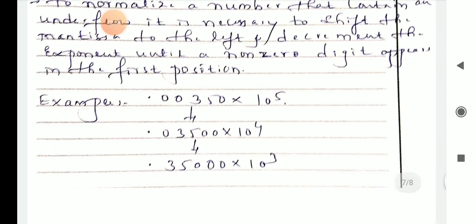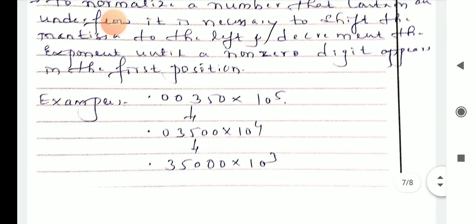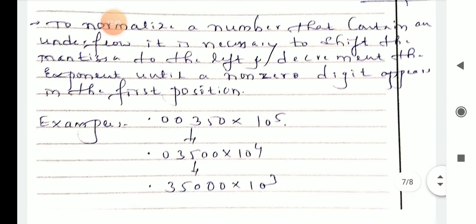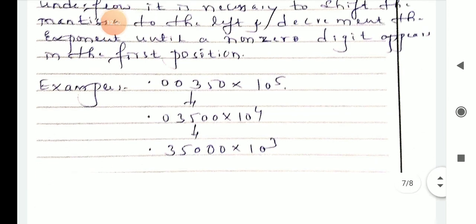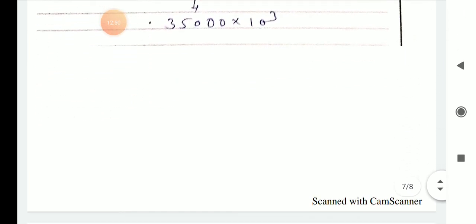Whatever zero comes at the front, the digits move to the left and the zero goes to the right side. So 0.35000 multiplied by 10 raised to 3, decrementing the exponent value. So you are getting a non-zero value.